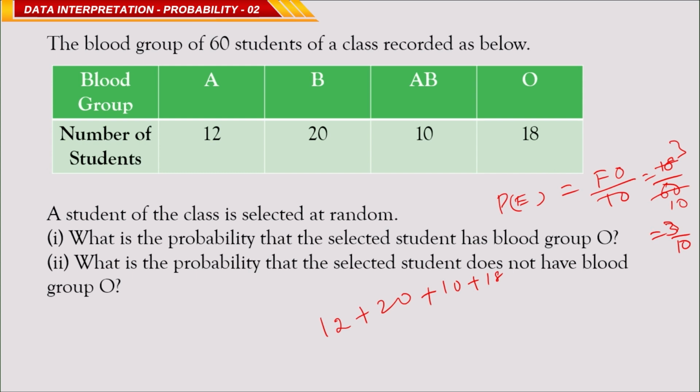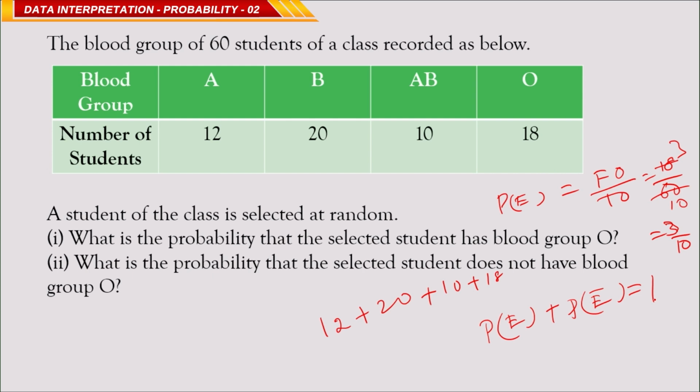A student is selected, and the probability that the student has blood group O is 3 by 10. Okay. What is the probability that the selected student does not have blood group O? Having blood group O is an event, and not having blood group O is a complementary event. As you know, P of E plus P of E bar is 1.